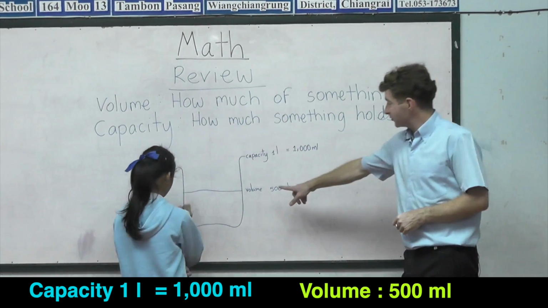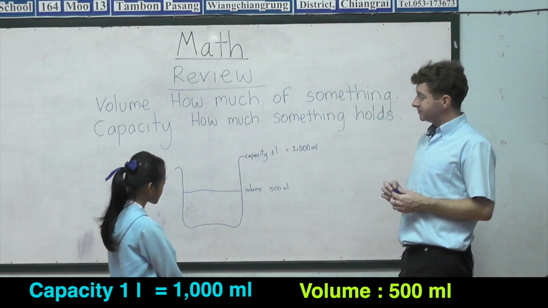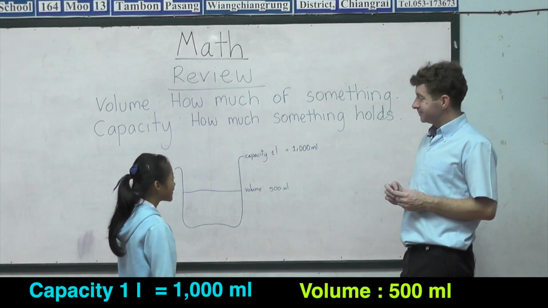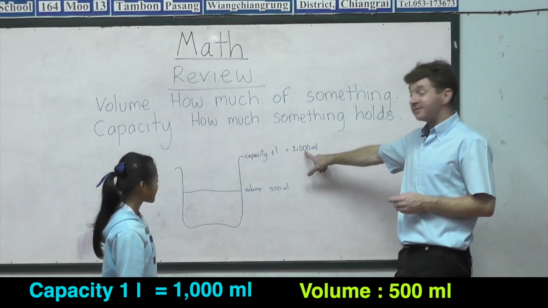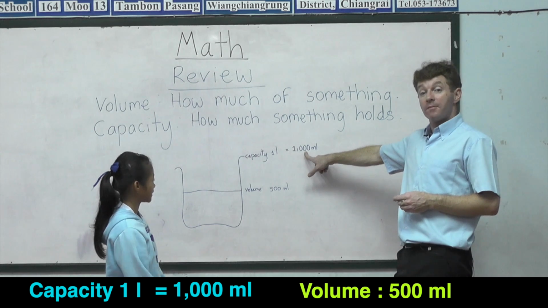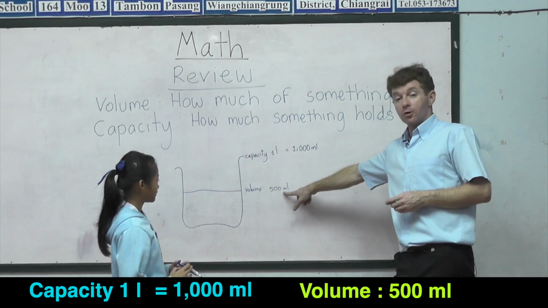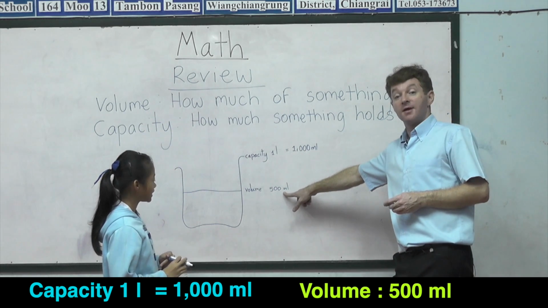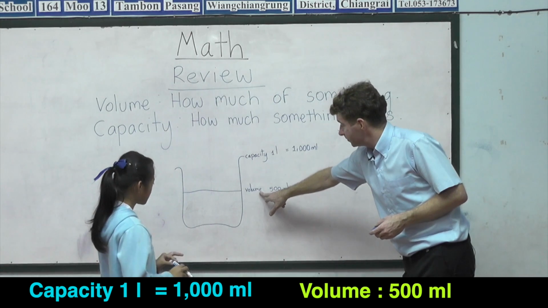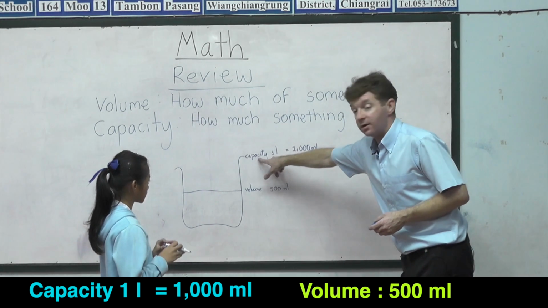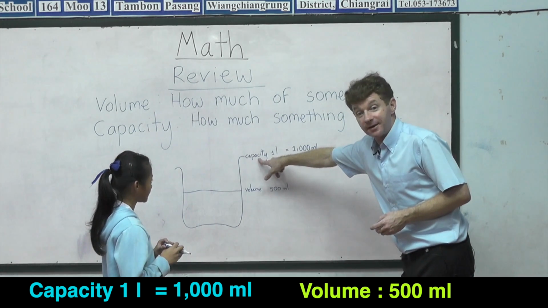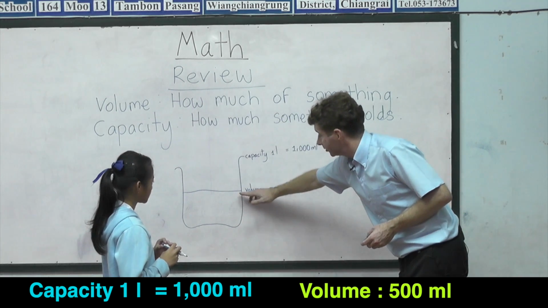How did you know to write volume halfway? Because you know capacity, volume, 500 milliliter, so the volume is half of the capacity. So we draw our volume.